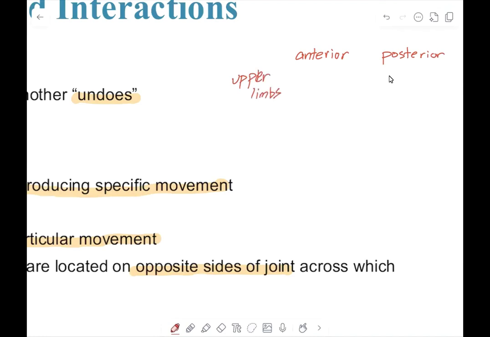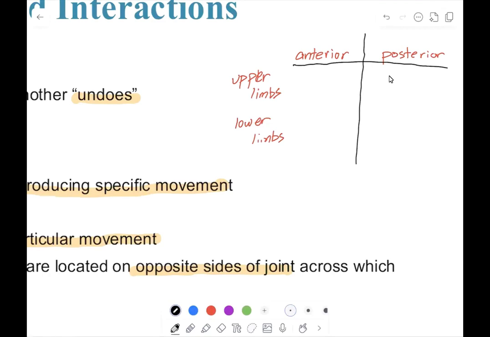The second column is going to be anterior, and there's going to be three rows. The first row is going to be anterior and posterior, and the second row is going to be upper limbs, and the third row is going to be lower limbs.